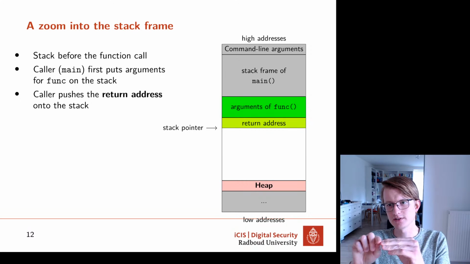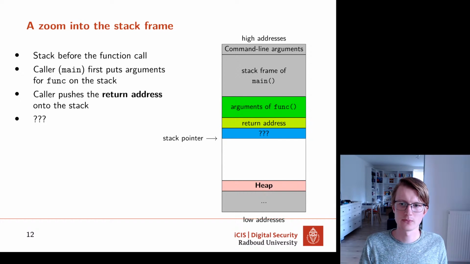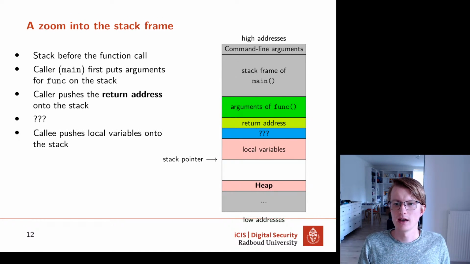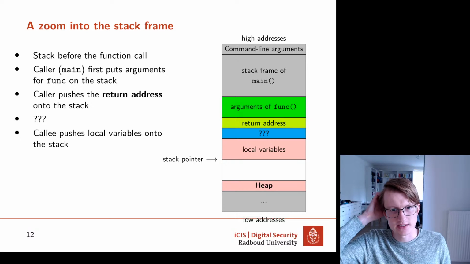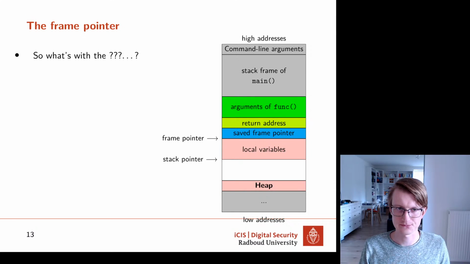And that address is then where you want to go back to execute the rest of the main function once you're done with func. Then there's this other thing, and then you increase the stack pointer by enough for the callee to push its local variables onto the stack.